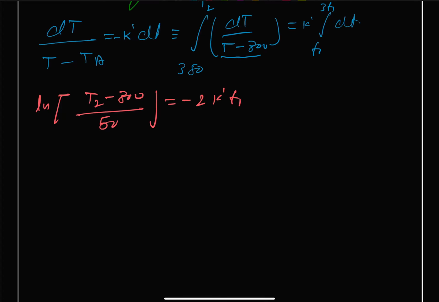This comes as our T2 minus 300 upon 50 will be equal to, this will be our exponential e raised power minus 2 K prime T1, which gives us our T2 is equal to 300 plus 50 e raised to power minus 2 K prime T1.